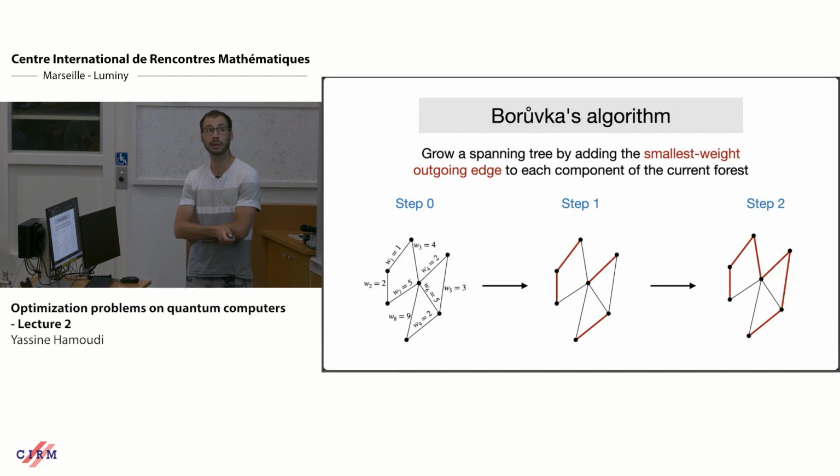And this is what we obtain. So at that point, we arrived at a spanning tree, so we can just stop the algorithm. And there is a mathematical proof that if you do that, you will actually compute a minimum spanning tree. If at that point it was still not connected, you would have repeated a few more steps.